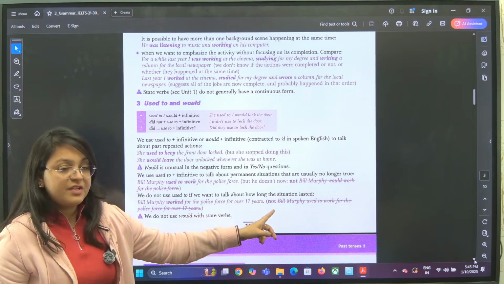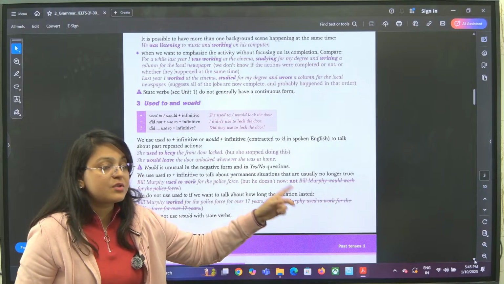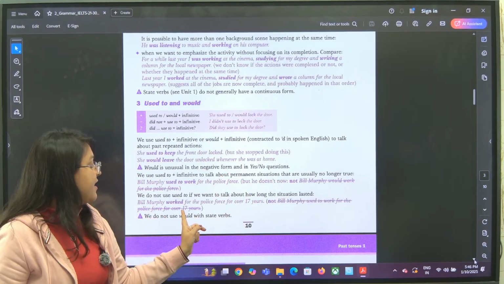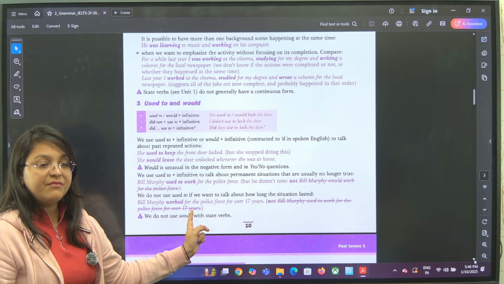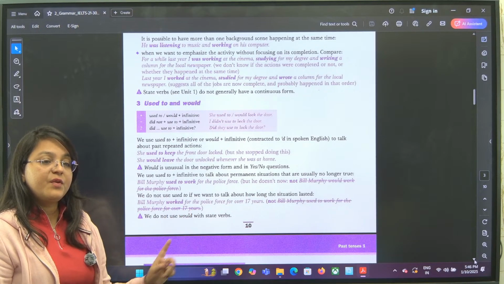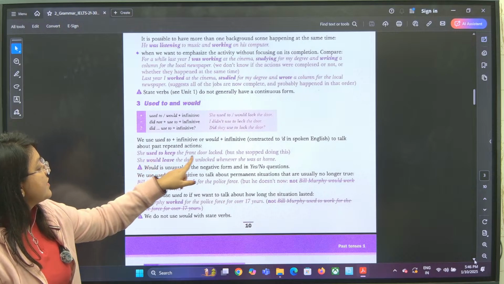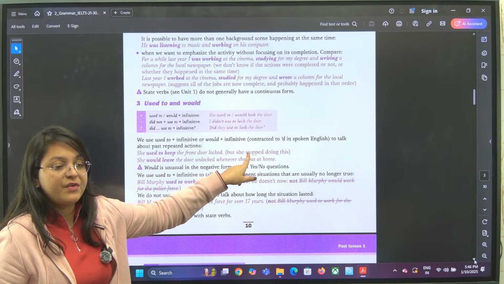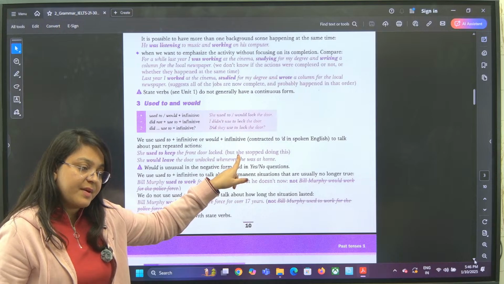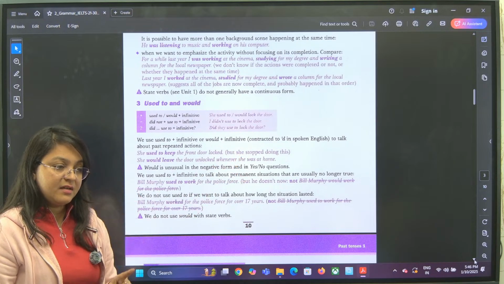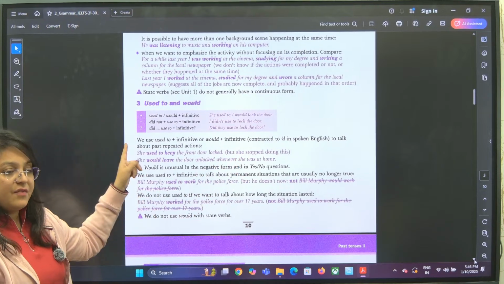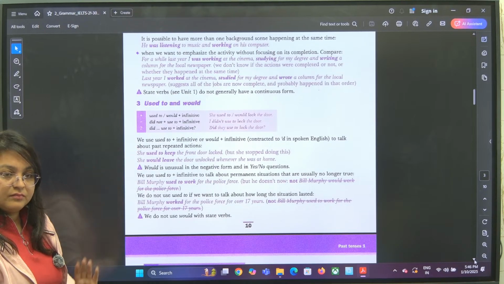He worked there. We did not say Bill Murphy used to work. Why? Because we have given a time frame. Whenever there is a time frame, we would not use used to. Suppose we talk about this situation, there is no time frame. For 15 years, few years back, no time frame is given. Clear? So when a time frame is there, we would not use used to.